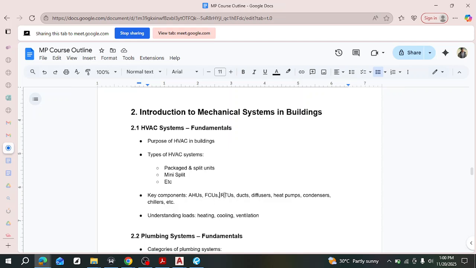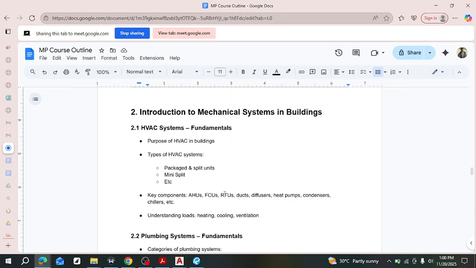Then RTU is another system that is packaged and placed on the roof or outside. It is used mostly when there's no space to have separate indoor and outdoor units. That's when RTUs come in.